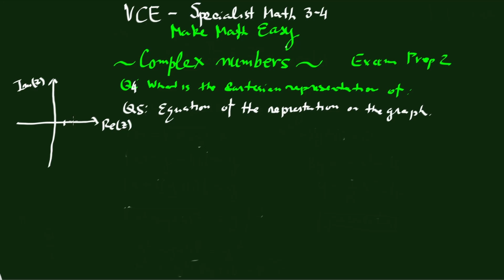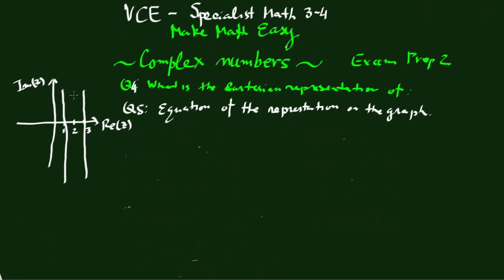So say number 1, number 2, number 3, and we draw a line here and a line here. And we say we want to represent that. What gives us an equation for that?